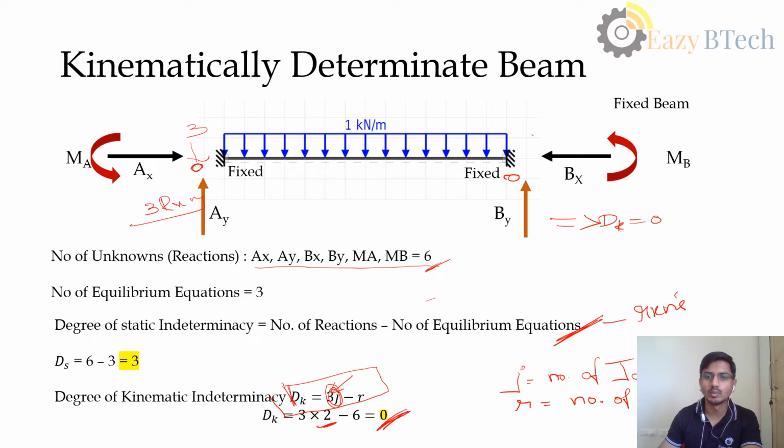Similarly, here also we have 3 degrees of freedom, but due to the fixed end, we get 3 reactions. So both get cancelled. This gives me 0. So this is a kinematically determinate beam, and if we solve using the displacement method, this is the easiest way to solve this problem. We'll see that in the coming sessions.